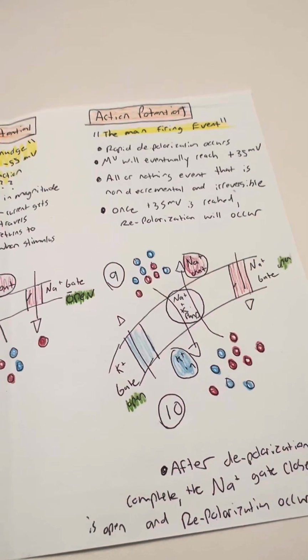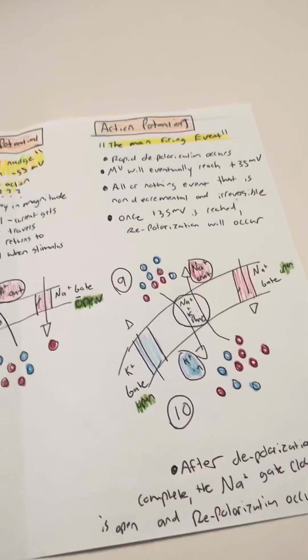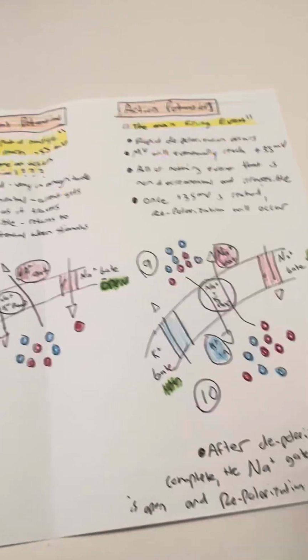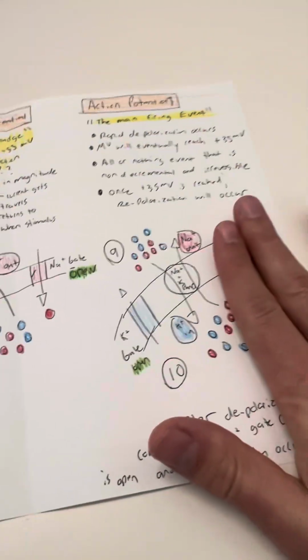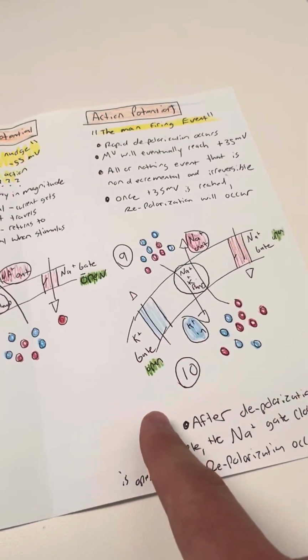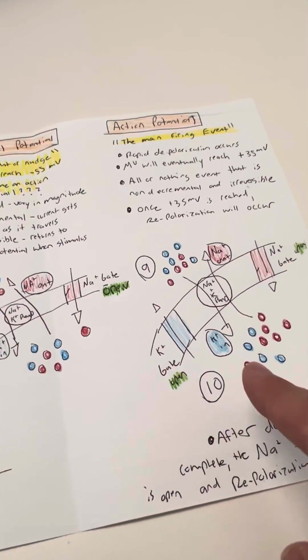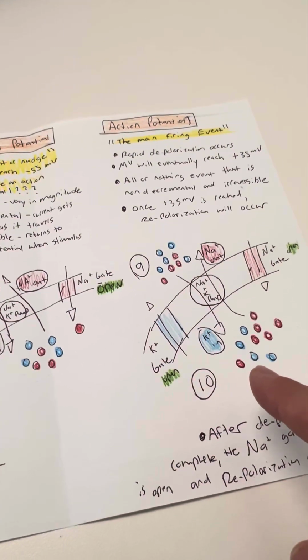Once you get to that 35 millivolts, the sodium gate will close, the potassium gate will open, and repolarization will occur.